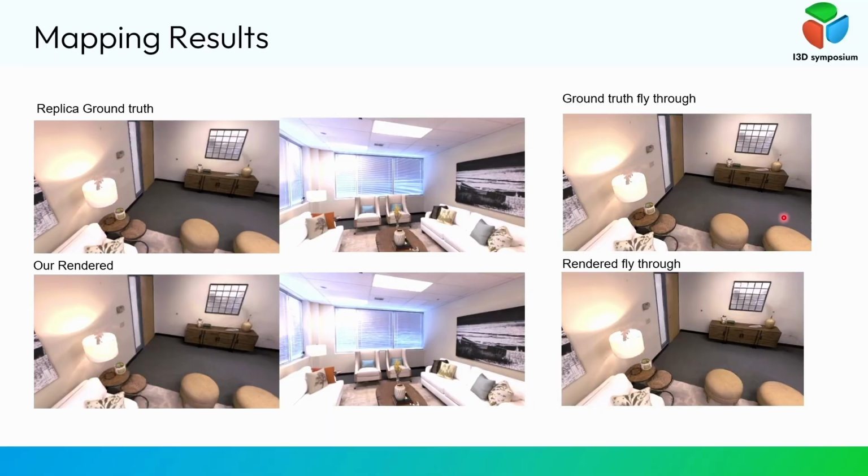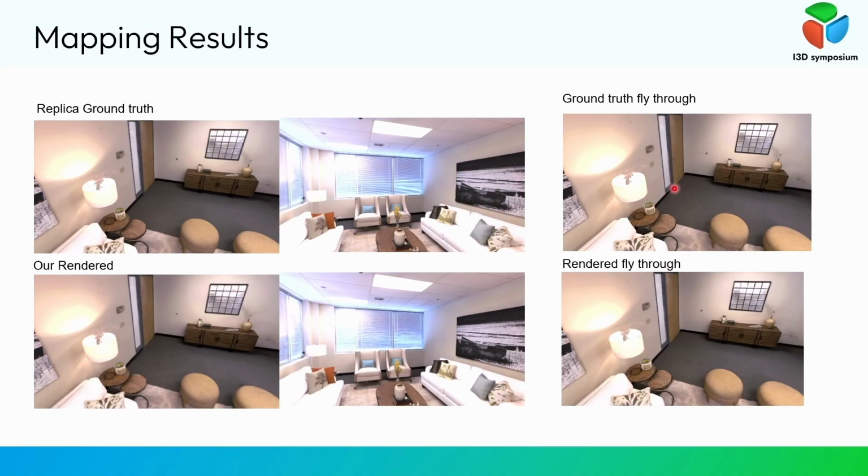And for the mapping results, which is the 3D reconstruction of the scenes, this is an example of the Replica ground truth, and this is our rendered result. By comparing them, you could see that at least for this Replica dataset, we perform very close to the ground truth.